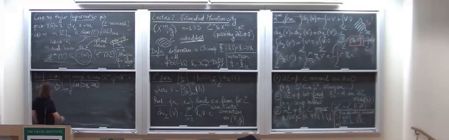Now we just need to compute these terms. First of all, we take phi_t and expand it as a function of time. So phi_t at p will be equal to p plus t times v at p, where v is the velocity vector field, plus an error term, which will be little o of t.